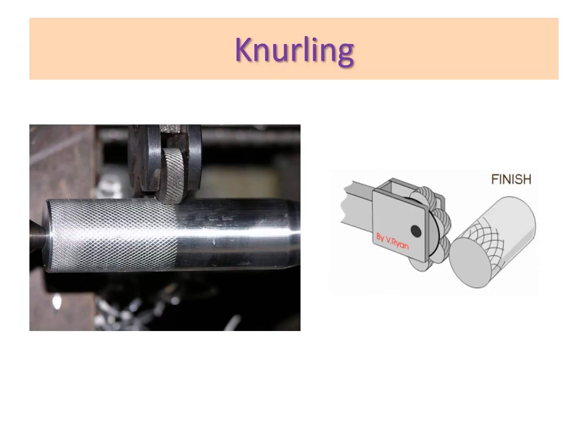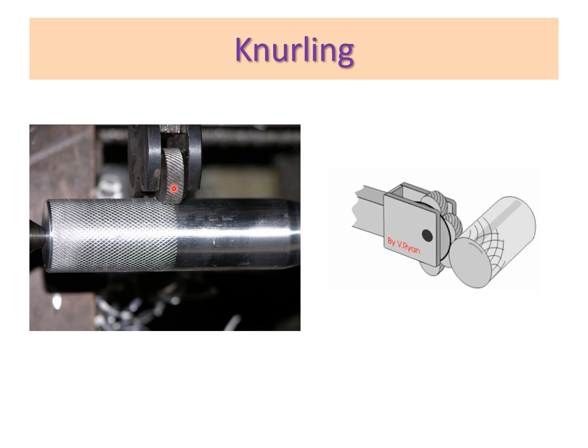Knurling is the process of impressing a diamond shape or straight line pattern into the surface of a workpiece by using specially shaped hardened metals. Like you can see in this picture, this is the knurling tool, which is imparting its pattern on this workpiece. Knurling process is used to improve the appearance of the workpiece or to provide a better gripping surface.